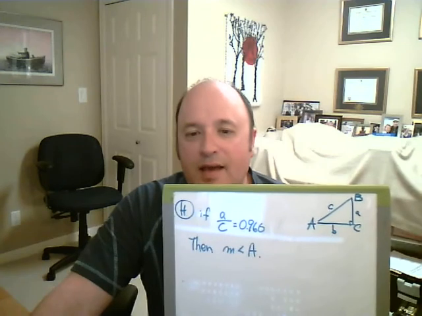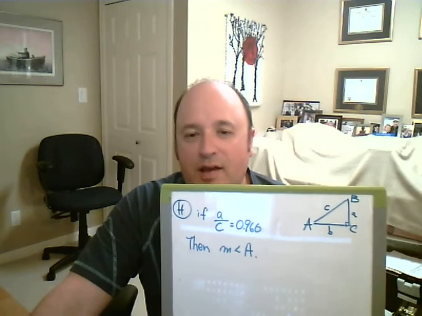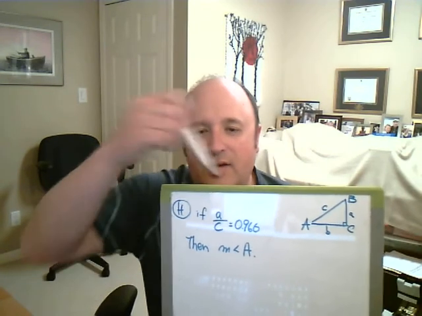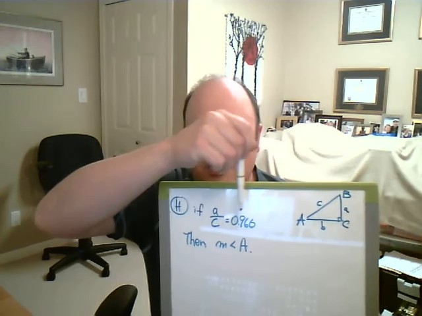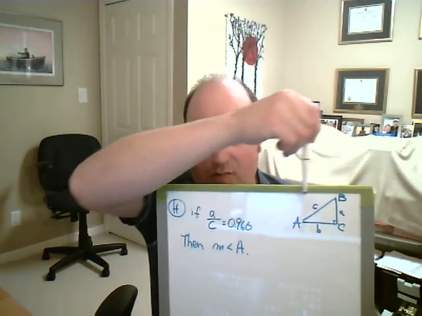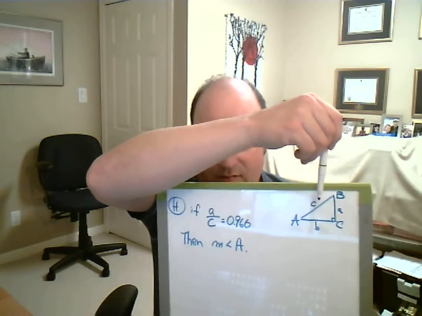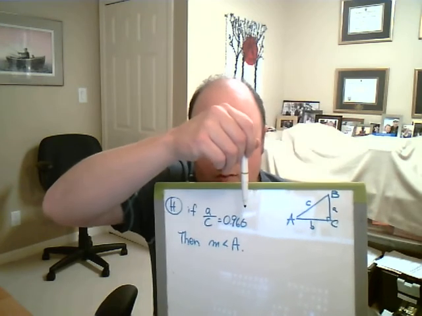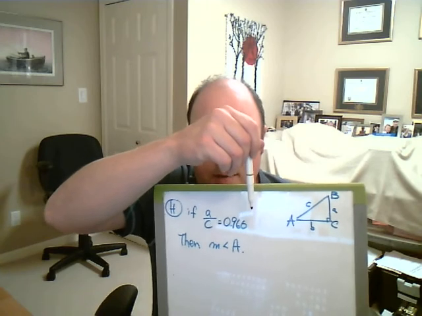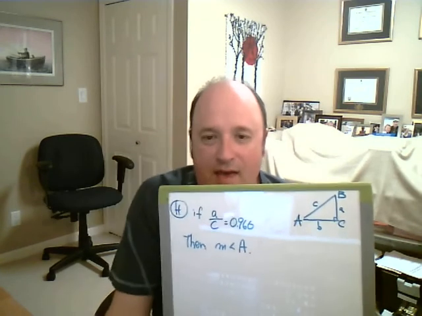The next one down on the list after A, letter H, says if A divided by C is this decimal, so the ratio of this side to that side, I'd know its value is 0.966. So we can work backwards to find the angle.